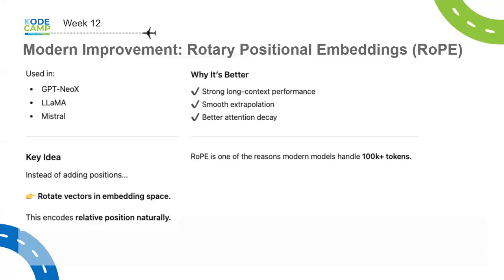So RoPE is just another way of doing positional encoding. It's used in GPT-NeoX, it's used in Llama, it's used in Mistral, right? It's better because it has stronger long context performance, smooth extrapolation, and better attention decay.